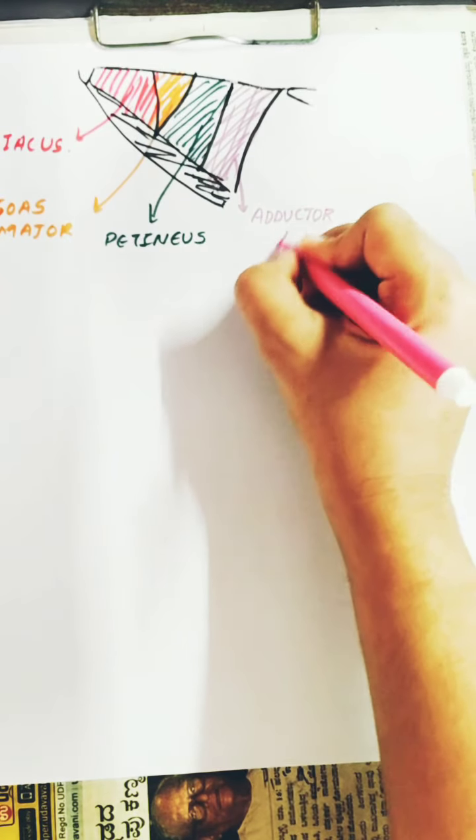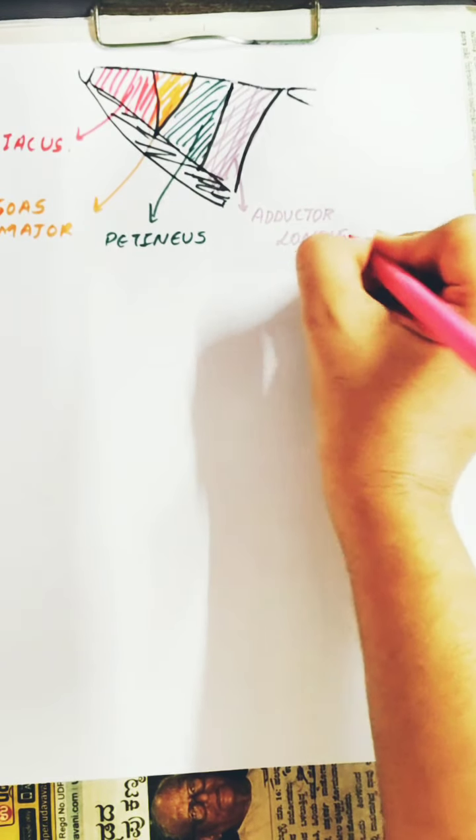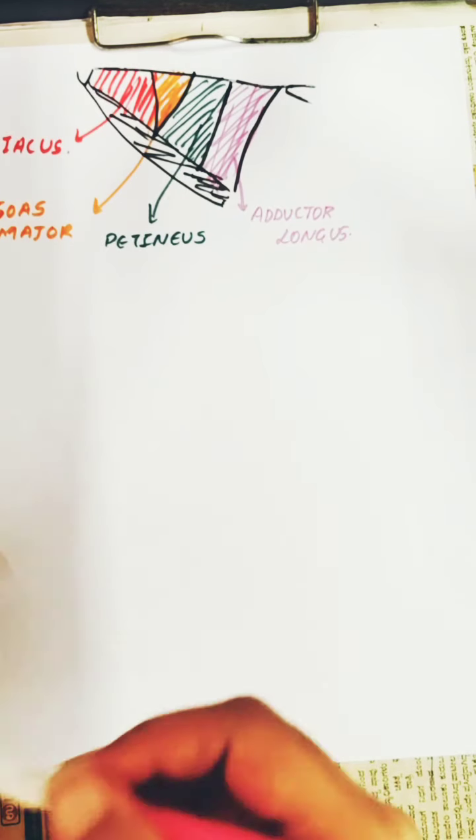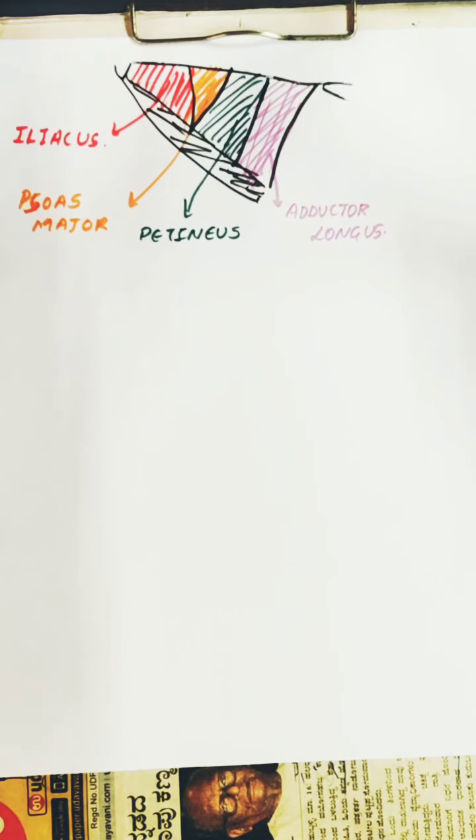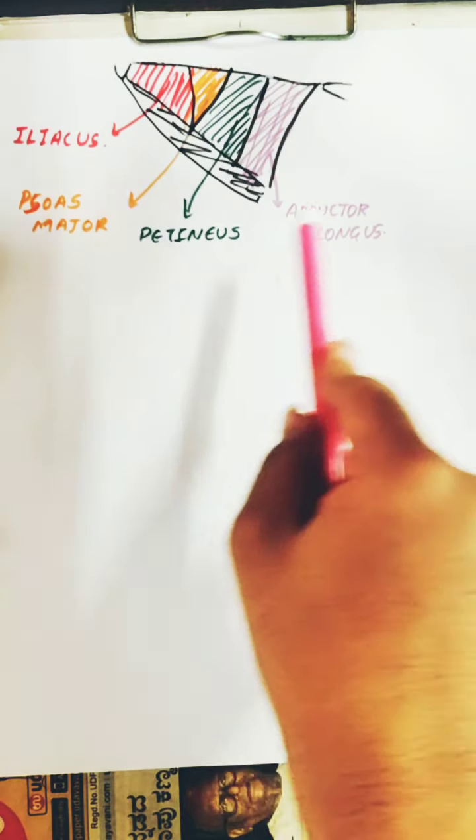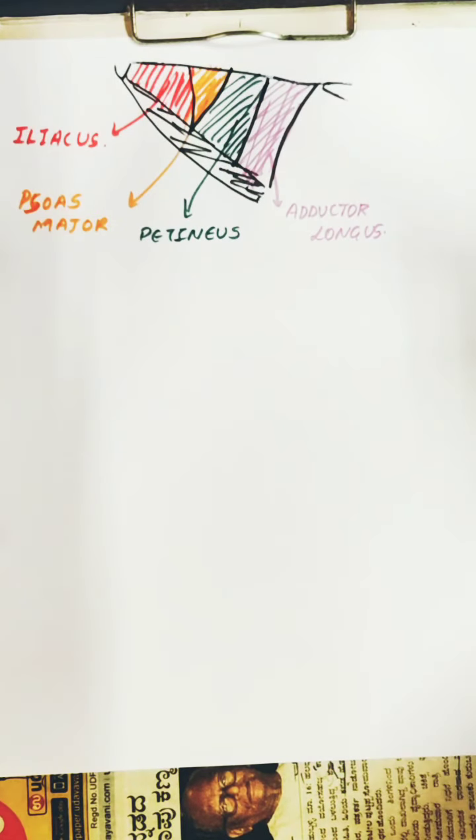So the floor is formed from four muscles: iliacus muscle, psoas major muscle, pectineus muscle, as well as the adductor longus muscle. The roof is formed from the fascia lata, and the roof is mainly covered by the superficial fascia and the skin. So we'll write all these points.